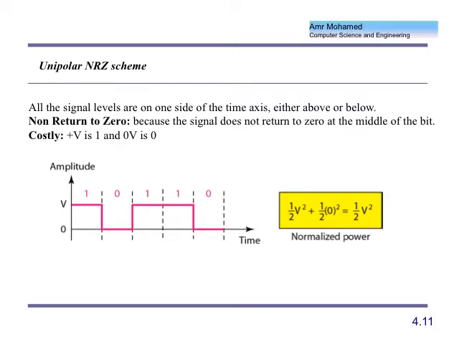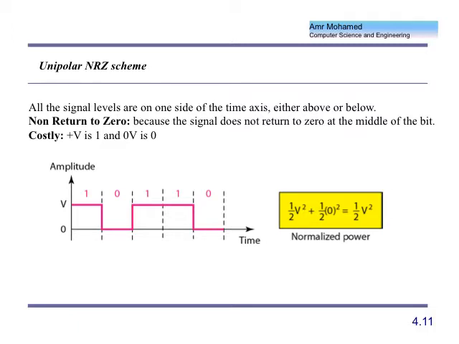This normalized power is based on the fact that on the average I will have ones. For ones I have positive voltage, and for zero I have zero. So if I have zero, I don't have any voltage, in which case the power is zero.